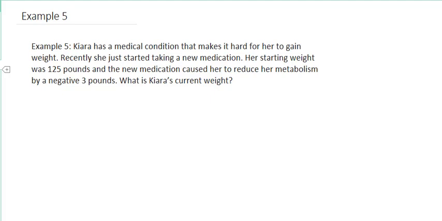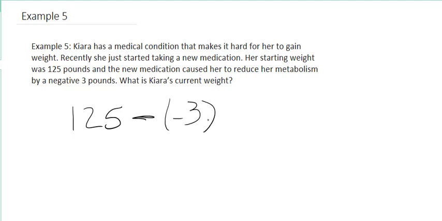So to solve this, let's write it out. She has 125 pounds as her starting weight. Then her metabolism was reduced by 3 pounds. So this means that we have a reduce and it's negative 3 pounds.